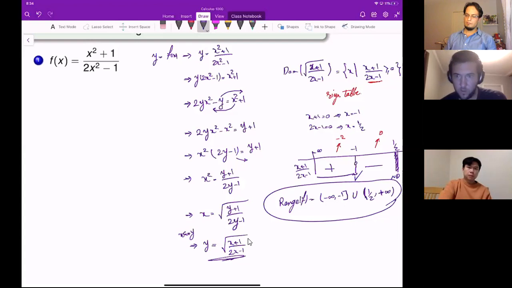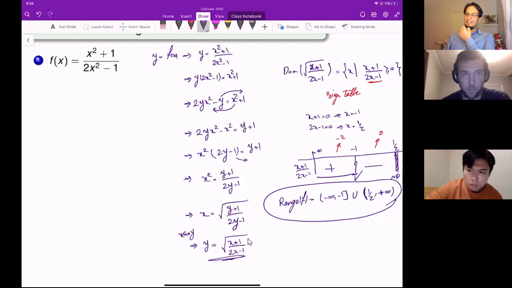Another question as a follow-up to this one is, can we always take the inverse to get the range, or does it not work in some cases? In almost all cases it doesn't work. In very specific cases, this will work for you. Very simple cases would help you to find the range. But in general, finding the range is not easy. That's something that you have to know.